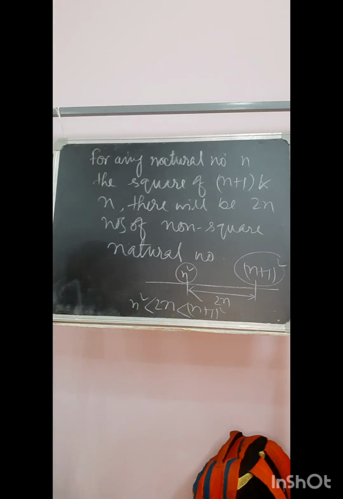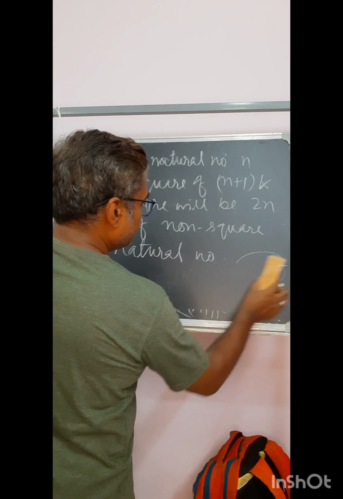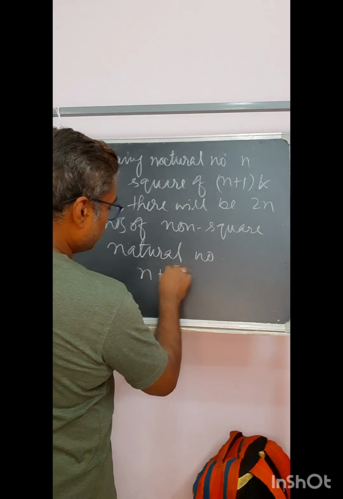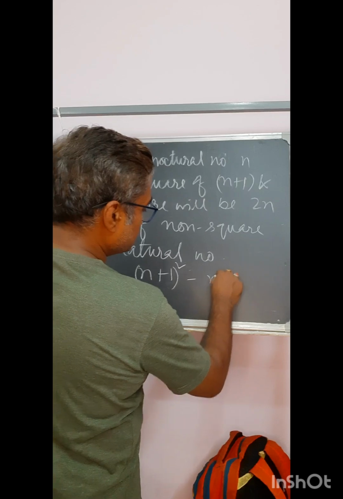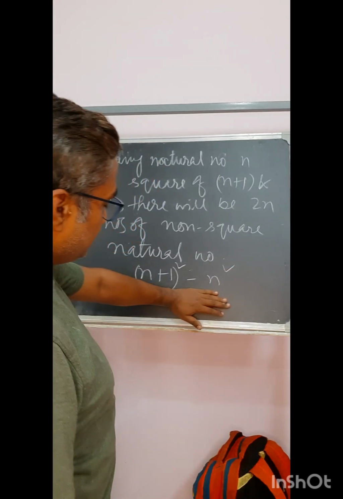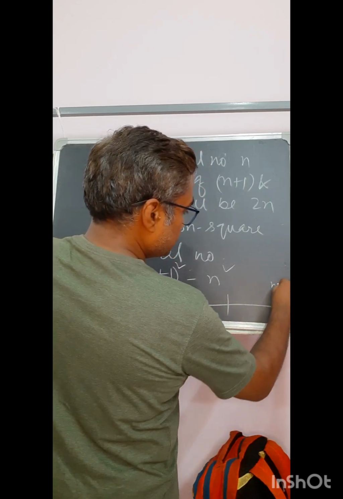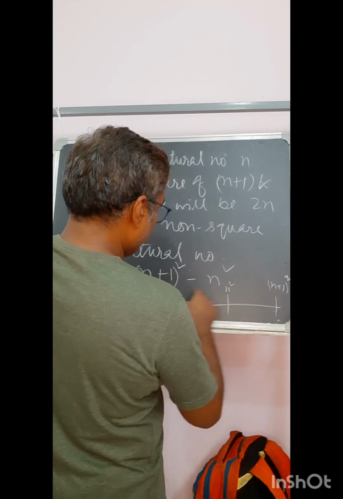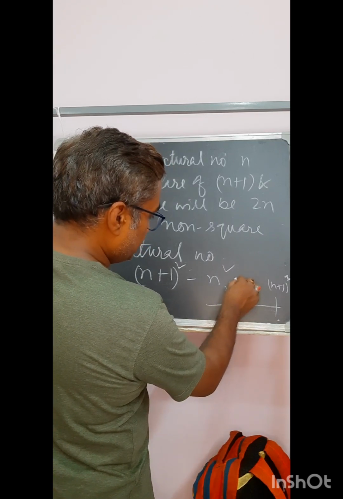That has to be proved, and that is a concept, you can say that is a theorem. So how will I prove that? Simply, if I do the subtraction (n plus 1) square minus n square, this will include n square also.